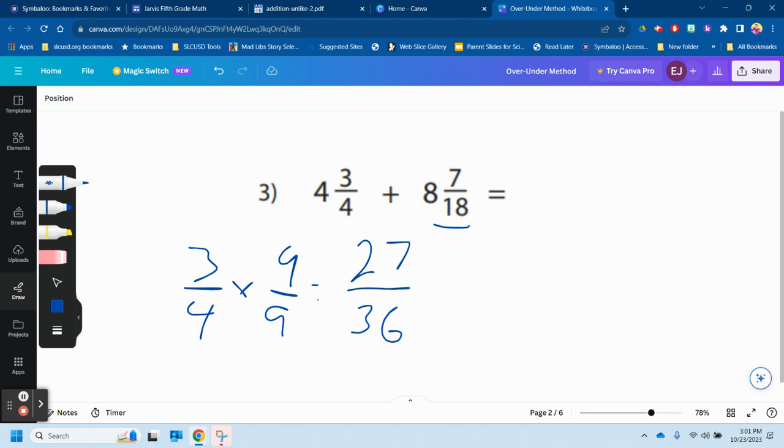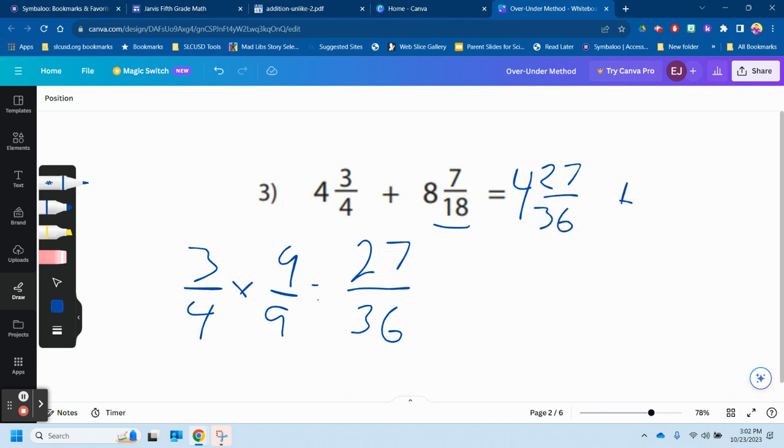So the problem I'm dealing with now is 4 and 27/36.